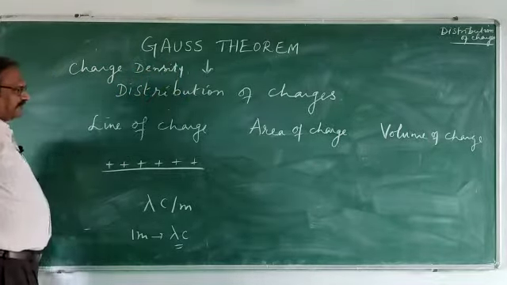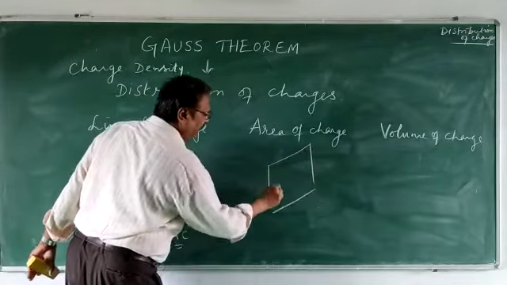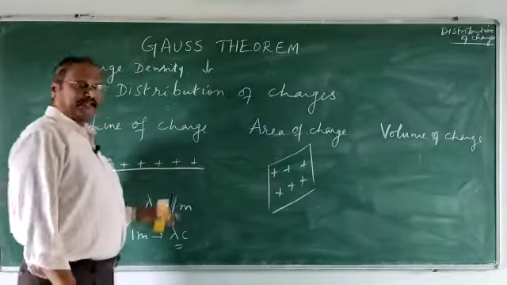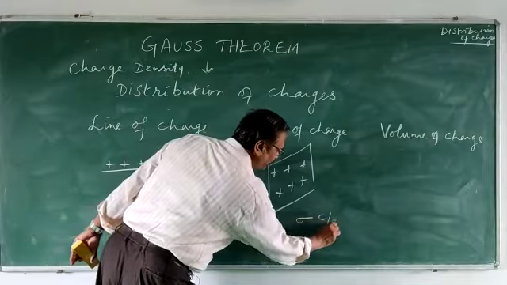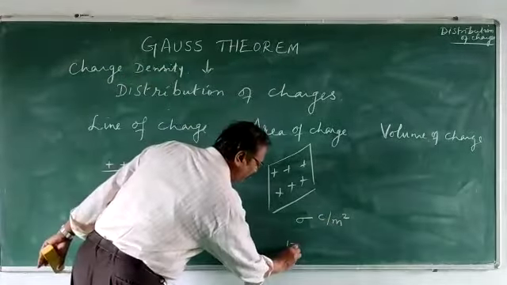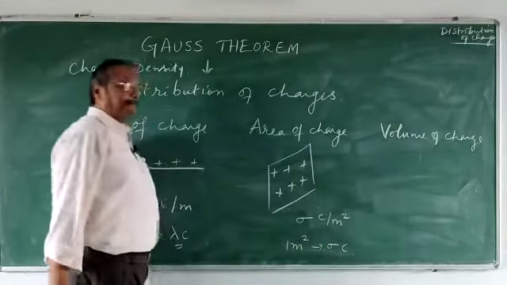And in the second case, area of charges. Let me assume an area, a rectangle or whatever it is, where I have spread the charges. Here the charge density is taken as sigma Coulomb per meter square. Again meter square, that means in 1 meter square of an area, sigma Coulomb can be placed.